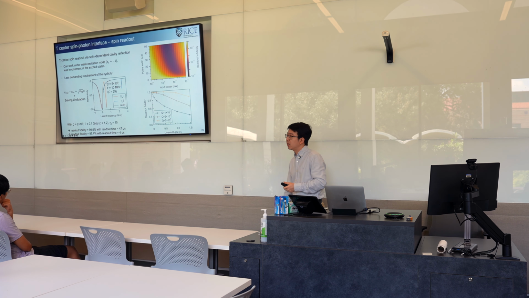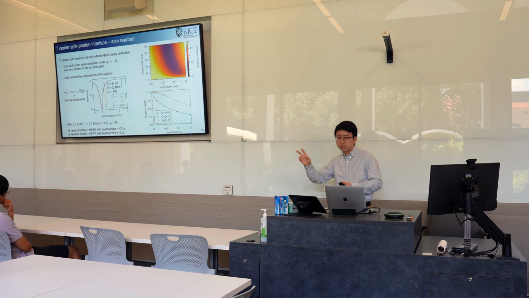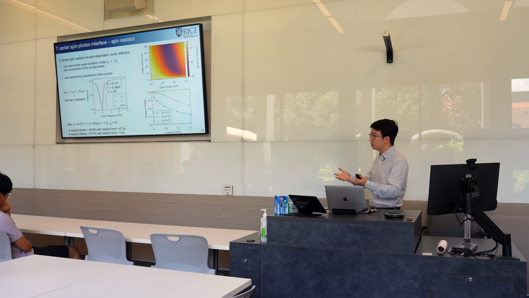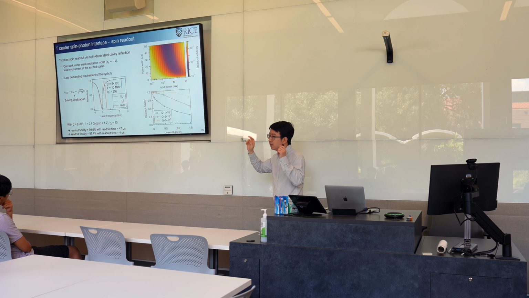That number means that if you do, say, 1,000 times of this measurement, there are only 2 times you're going to measure it wrong. The rest, 998 times, will be correct. That's what this fidelity means.